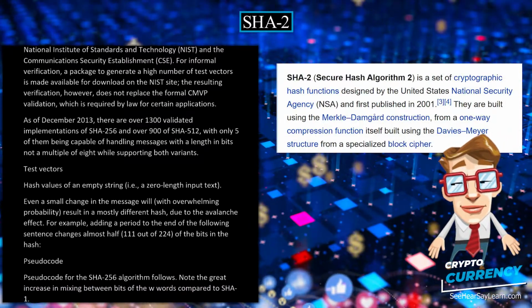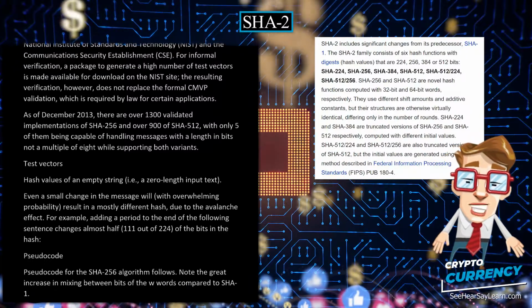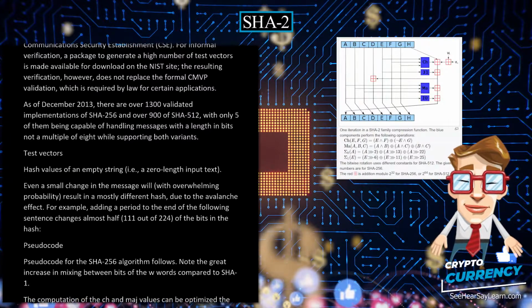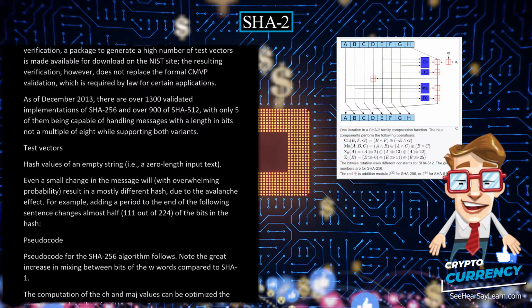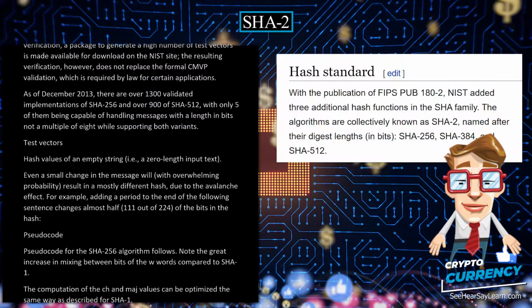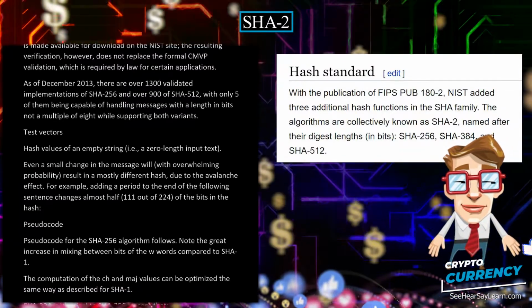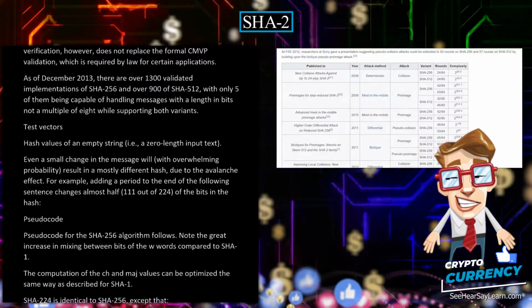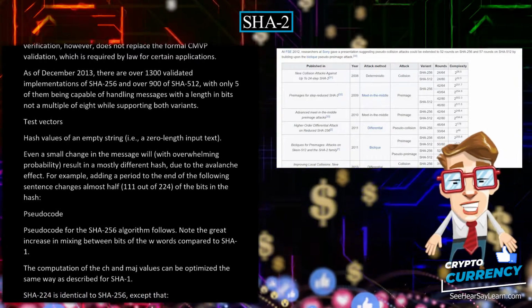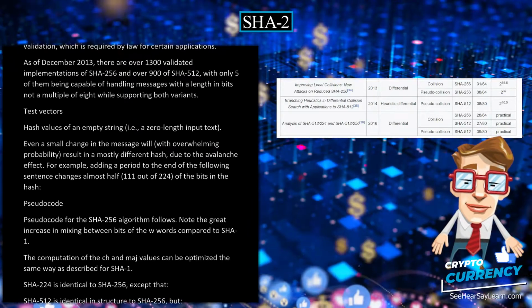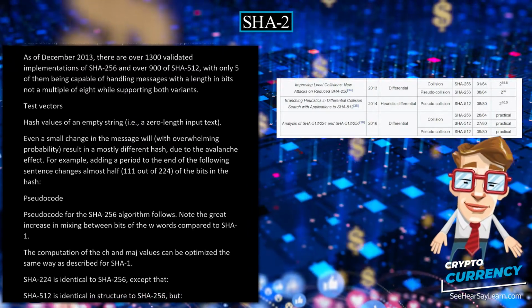Test vectors. Hash values of an empty string, i.e., a zero-length input text. Even a small change in the message will, with overwhelming probability, result in a mostly different hash, due to the avalanche effect. For example, adding a period to the end of the following sentence changes almost half, 111 out of 224, of the bits in the hash.